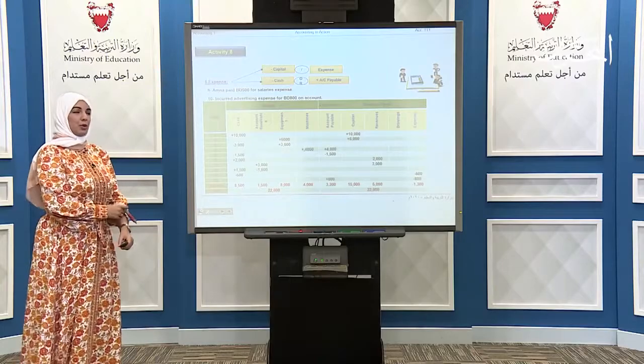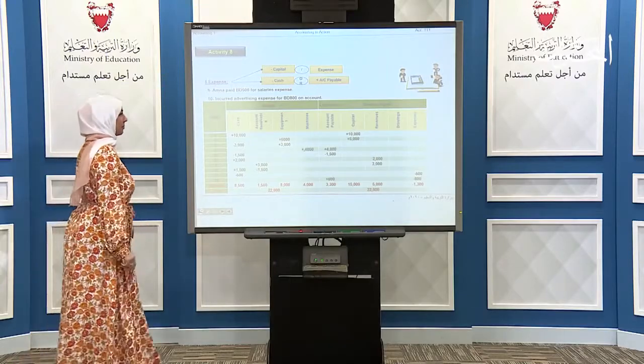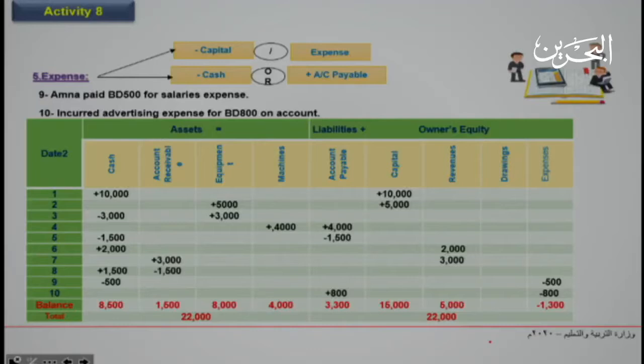Next, moving to the expense section. Let us take a look at the transaction we have in this section, my dear student. Amna paid 500 for salary expense. Coming to transaction number 9, if I paid 500, the cash in my company will decrease.